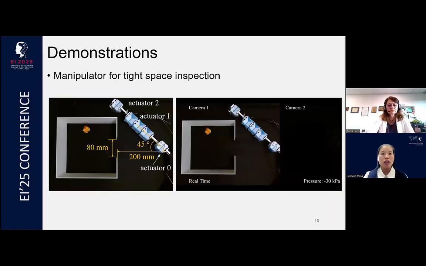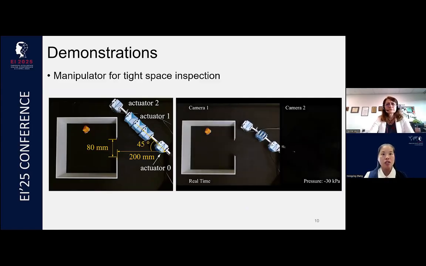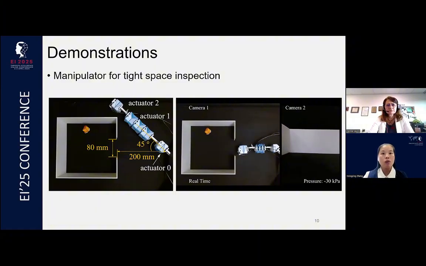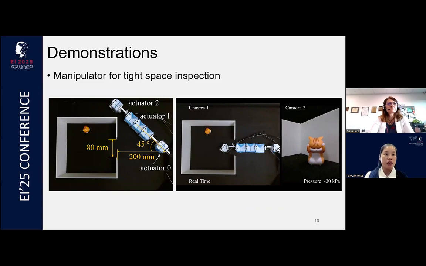The second application is a manipulator for inspection. For this one, we assemble the bending module and the contraction module together and actuate them in a sequential way, so that we can inspect objects that are blocked inside this room.